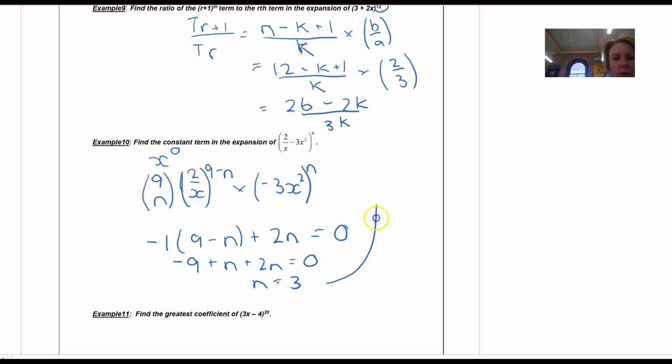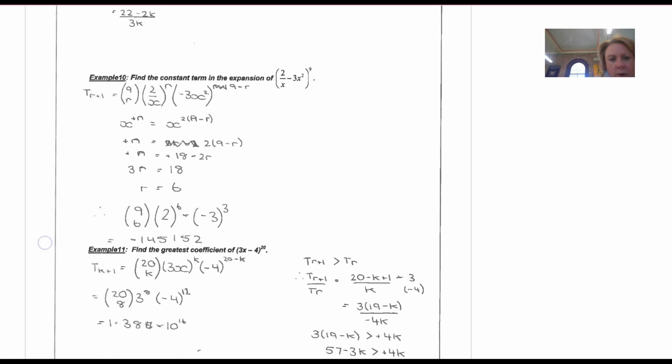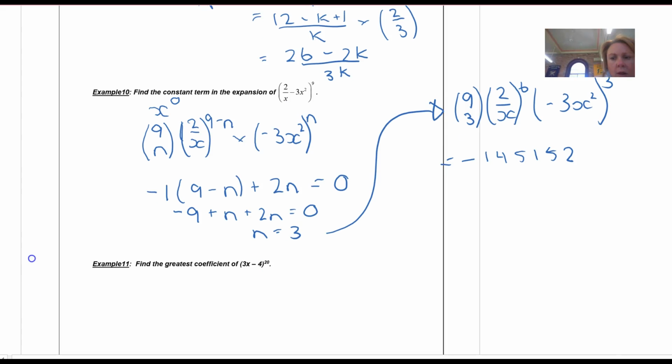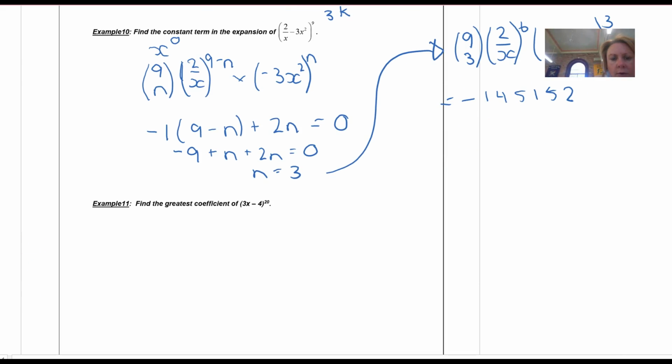So the constant term is 9 choose 3, 2 on x to the 6, minus 3x squared to the 3, which I'll just come back to my solutions. I get minus 145,152.